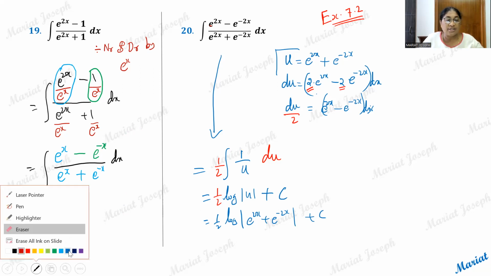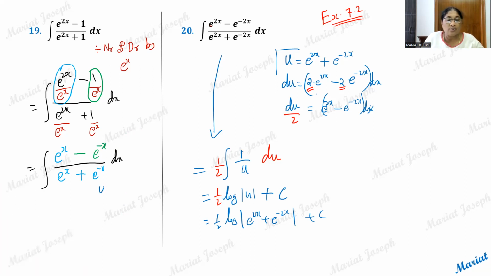Take the substitution: u equal to the complete denominator, e raised to x plus e raised to minus x. This whole thing is taken as u. So then what is du? That is e raised to the power x minus e raised to power minus x dx, which is the numerator.